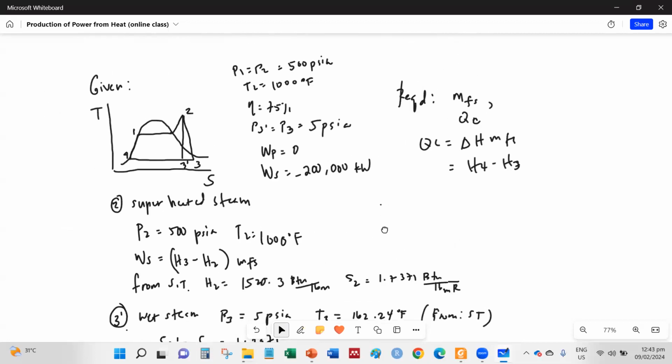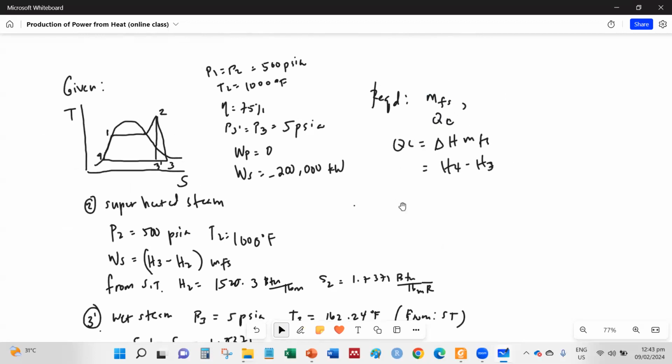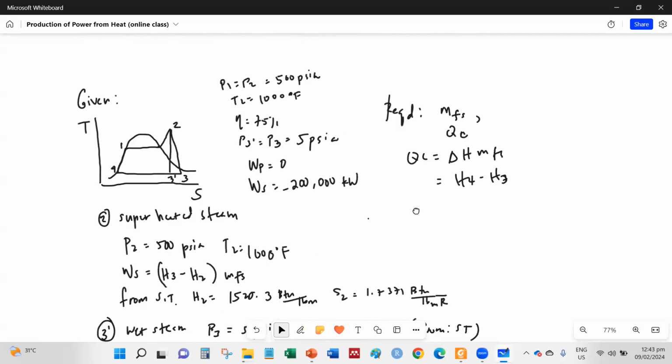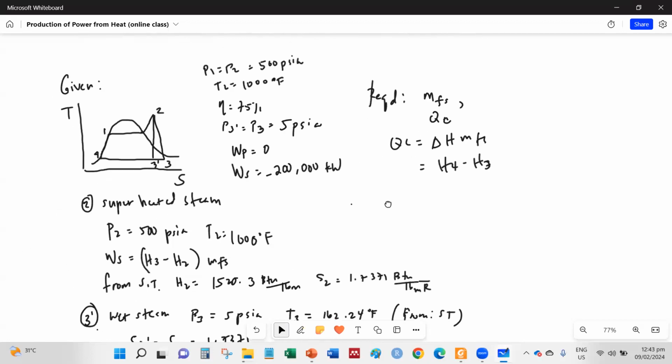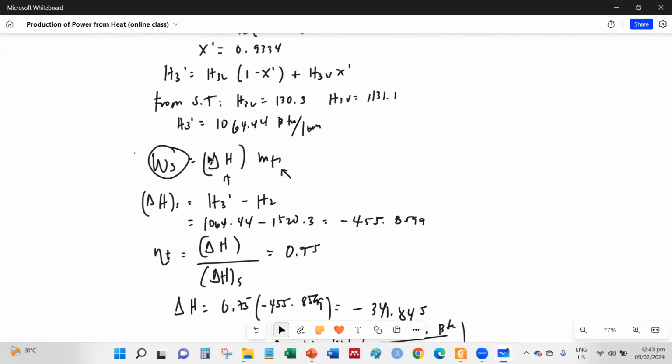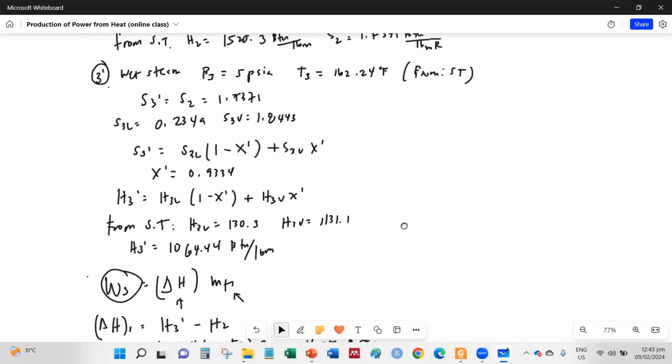Okay. And then, based on what is required, we flesh out the equations that will give us the required values. Like for mass of flowing stream, diba, we calculated it from the equation of the turbine right here.